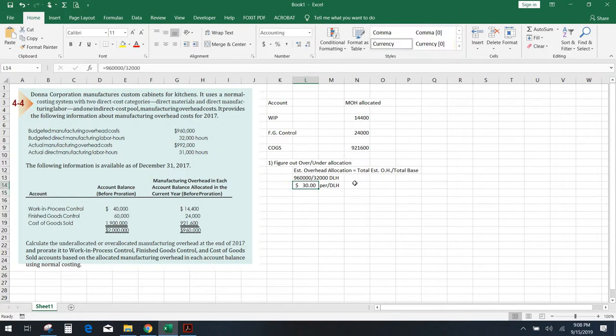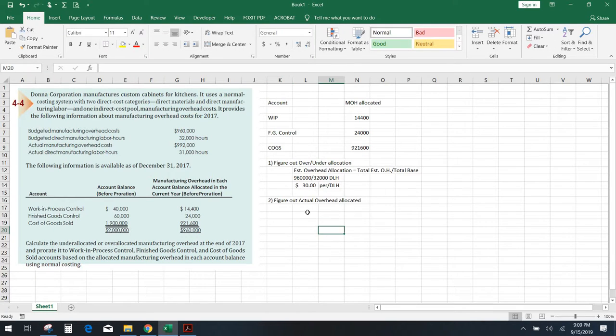Okay, so that's what their allocation rate is. Now to get the amount of overhead allocated, we've got to figure out the actual overhead allocated. That's important.